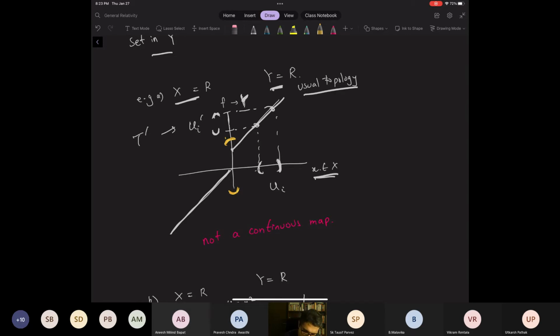I'm defining it so that at X equal to 0, this is the value of F. If I take the inverse image of this, what it's going to give me is these points here will have an inverse image which is left closed, right open, and these points here will give me something which is left open also.